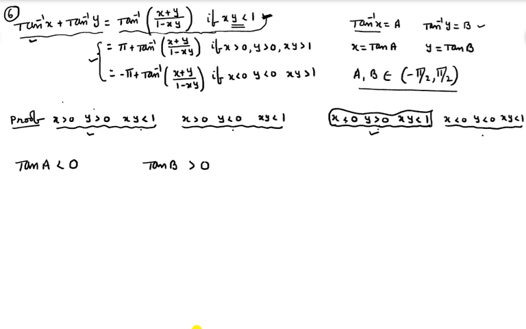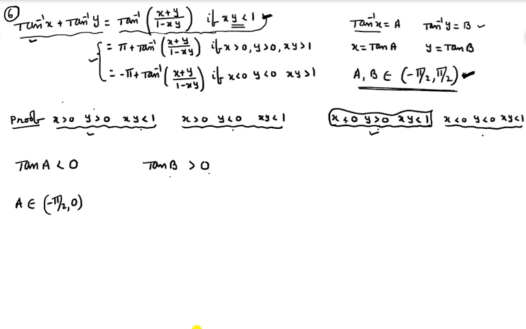Here tan a is less than 0, but we have the information a, b belongs to this interval. In this interval where tan a is negative, tan a negative means definitely a belongs to minus pi by 2, 0.